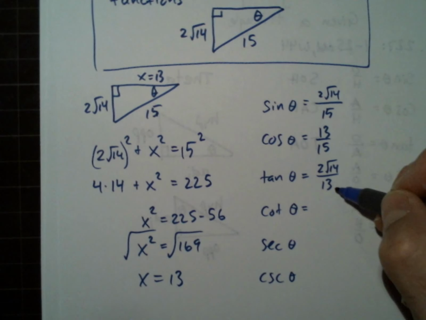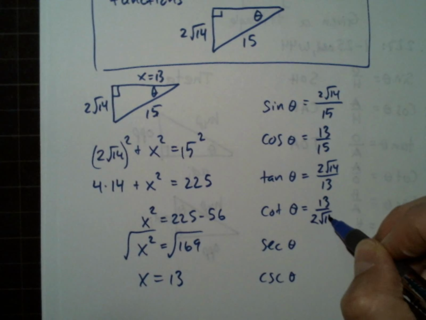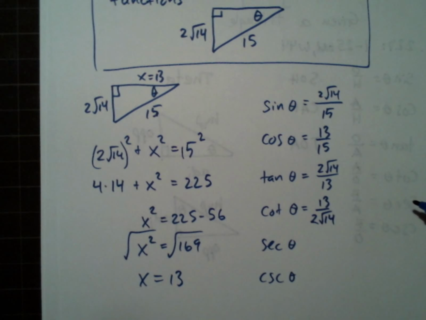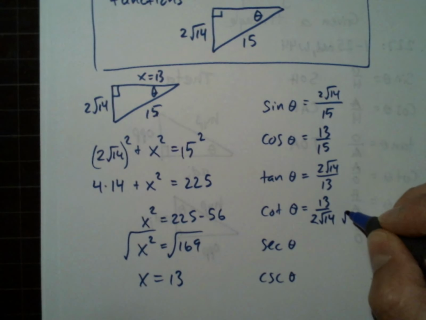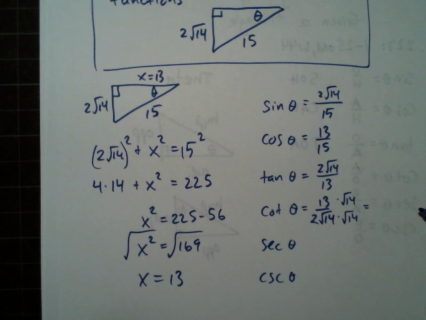Cotangent, and then we can just do the reciprocal of these. And let's have multiply by the radical, and we'll get 13 radical 14, and then it'll be 2 times 14.